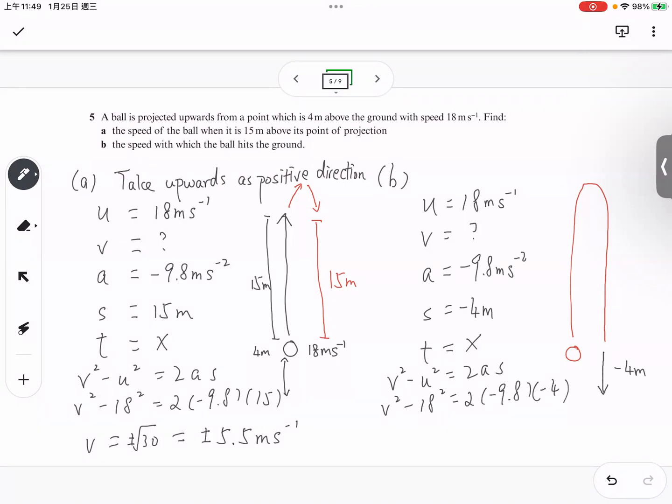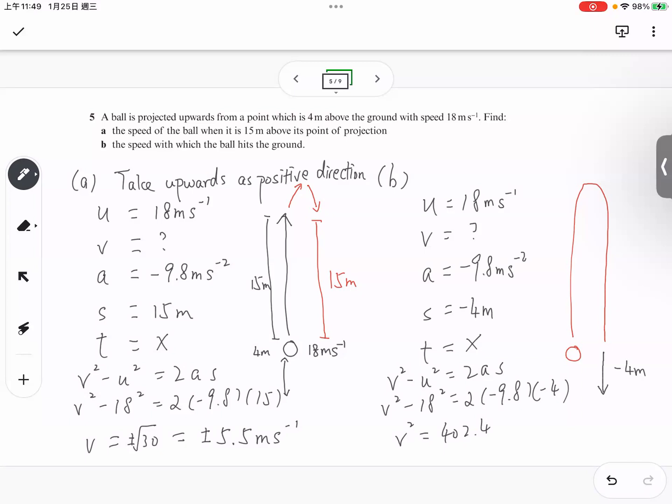So v squared is equal to 402.4. Please pay attention to this. When you take the square root, because we know that the final result is that it will hit the ground, that means the velocity is negative.